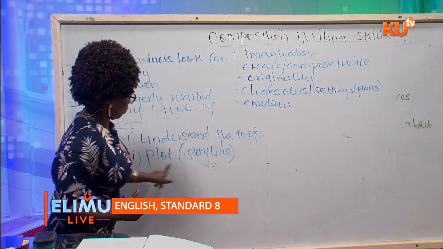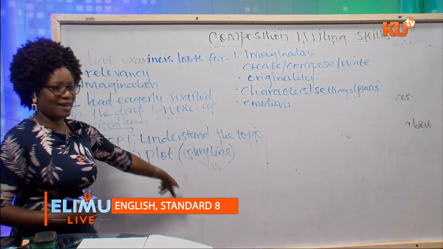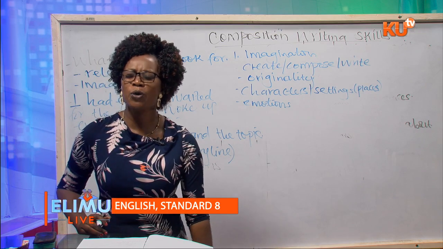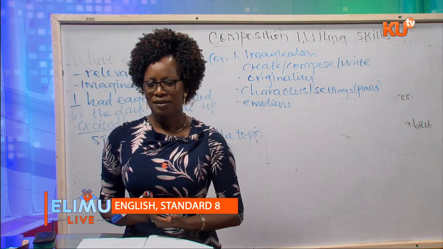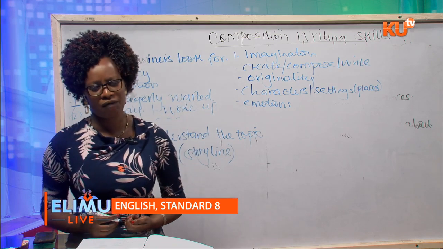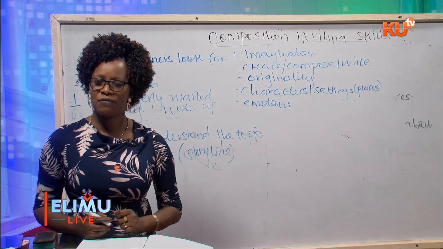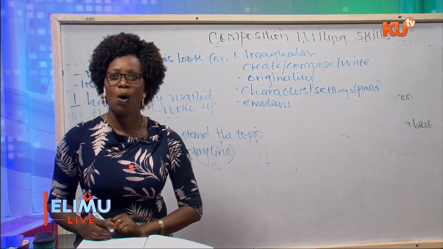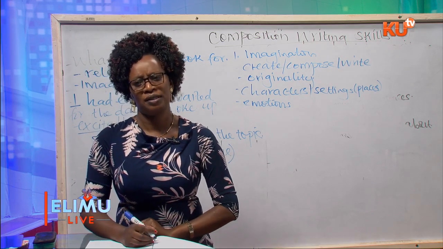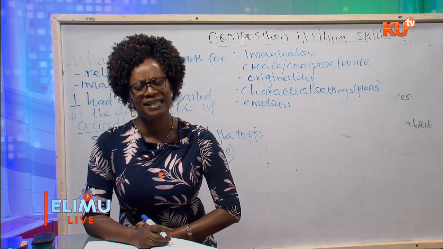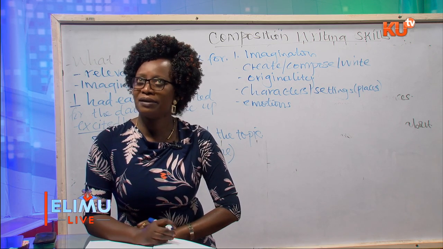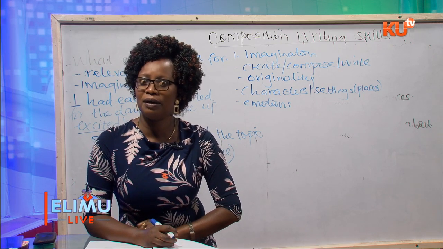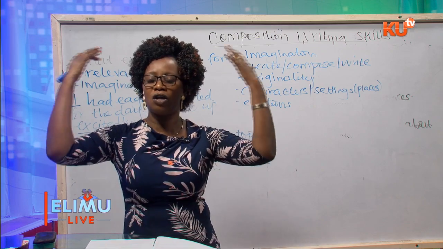Now, I want to talk about getting a plot. How do you develop interesting storylines? Sometimes you may think of a topic. Yes, you have the topic. But now, how am I going to develop my story? How do I develop ideas for my story? I may write a paragraph and in the second paragraph, my ideas are all gone.